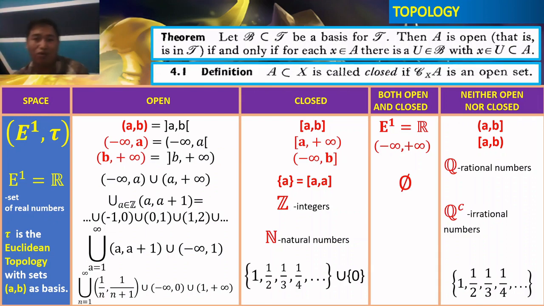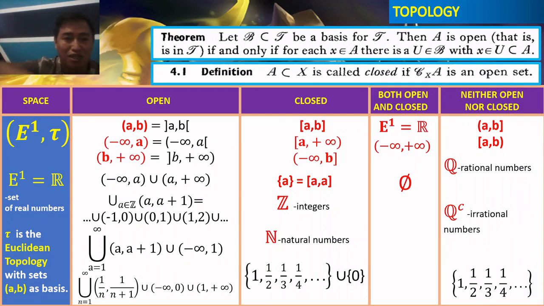Now, nganong closed ang closed interval [a, b]? Okay, closed ni siya, kay ang complement kay union man sa duha ka open sets. Tama? Okay. In our closed interval [a, b], included ang a ug b. So ang complement kay negative infinity to a, open parenthesis ang gamit, and then union b to positive infinity.